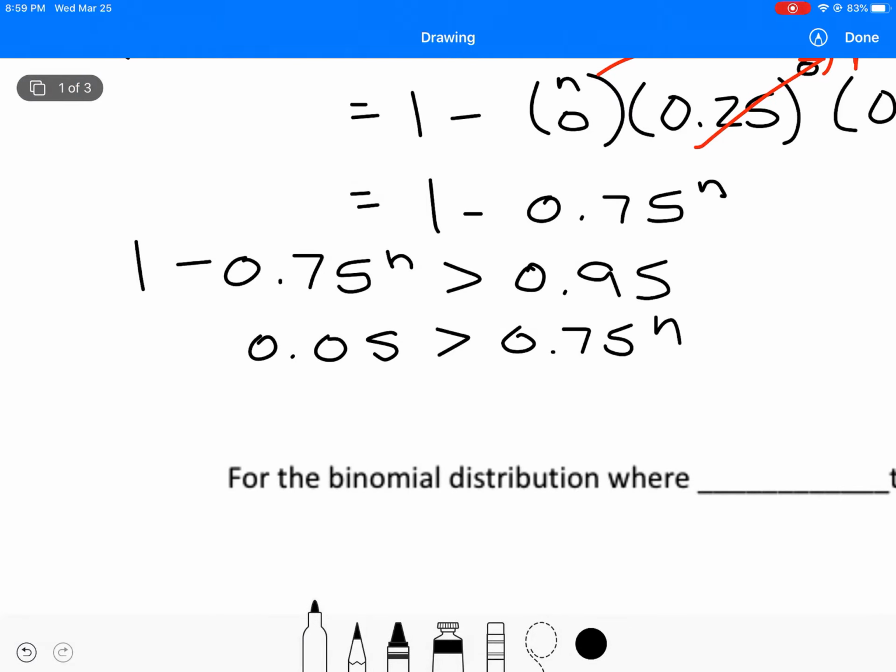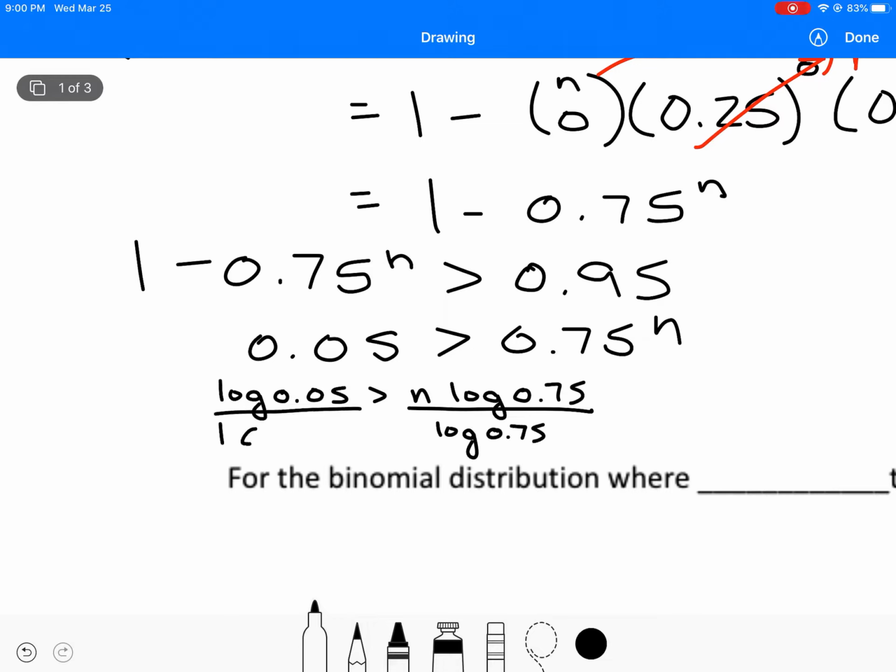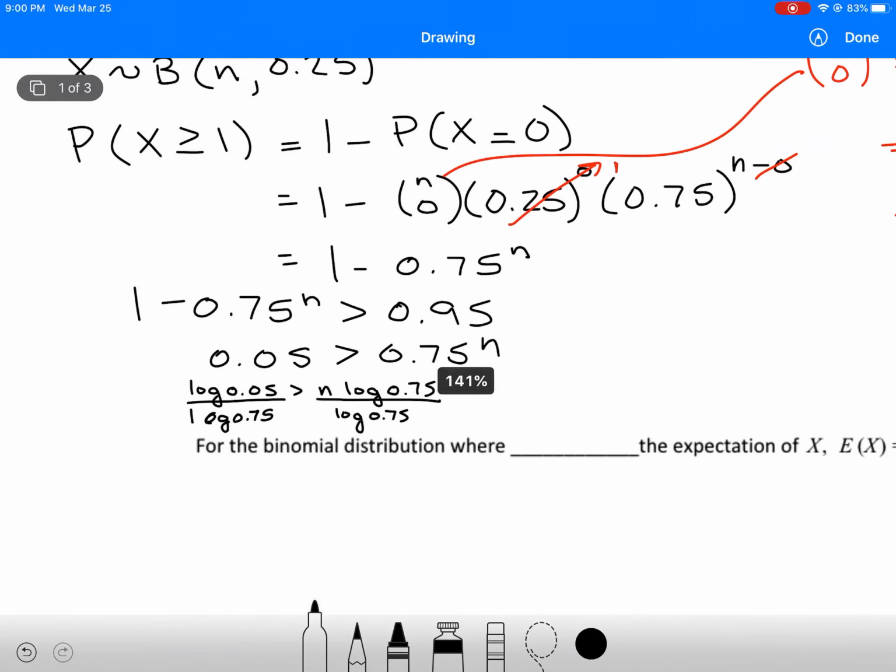Now I need to get that exponent down, and so what I'm going to do is take the log of both sides. What that allows me to do is bring the exponent down in front, and then I'm going to divide both sides by log 0.75. Now be careful, anytime you're dealing with inequality and you divide by a negative value, you need to switch the sign.